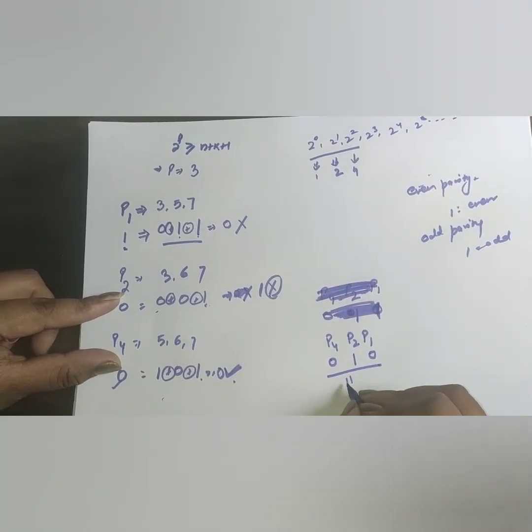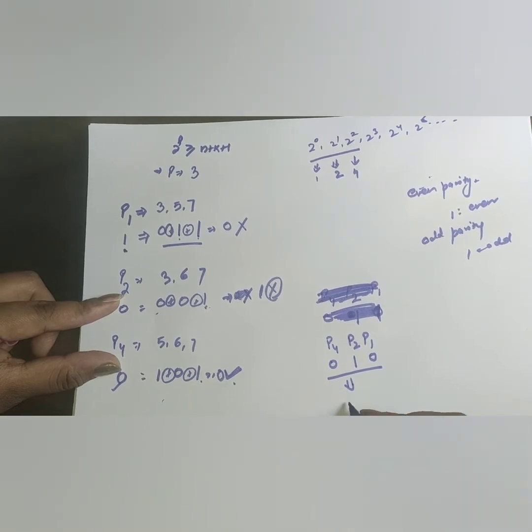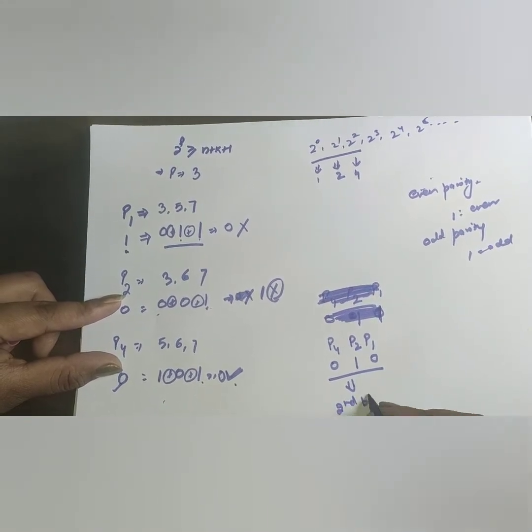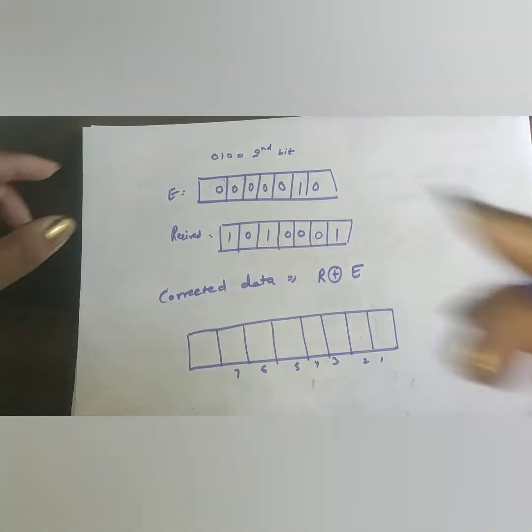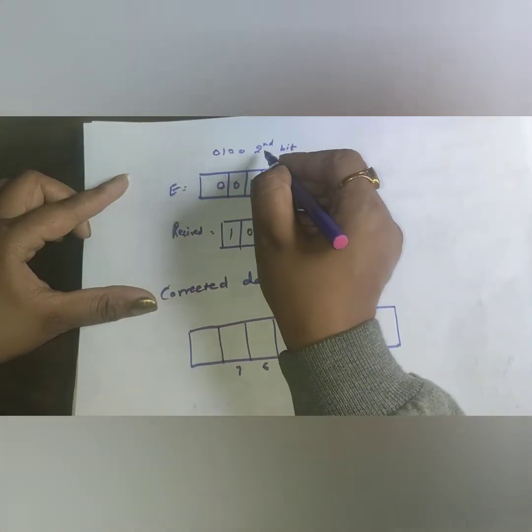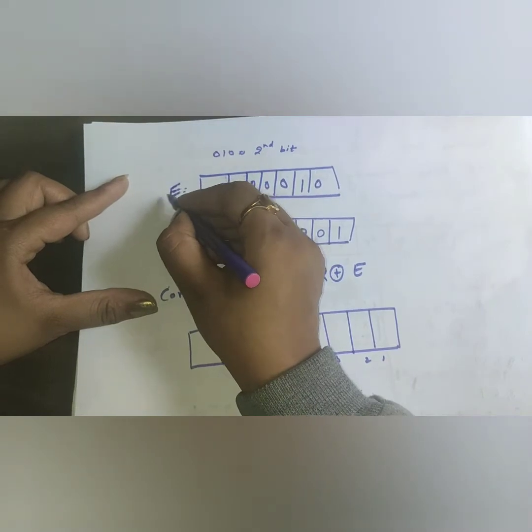So the value is P4 P2 P1 = 0 1 0. The decimal equivalent is 2, so the error is in the second bit. This is the error signal 010 for the second bit error. This is the error syndrome.